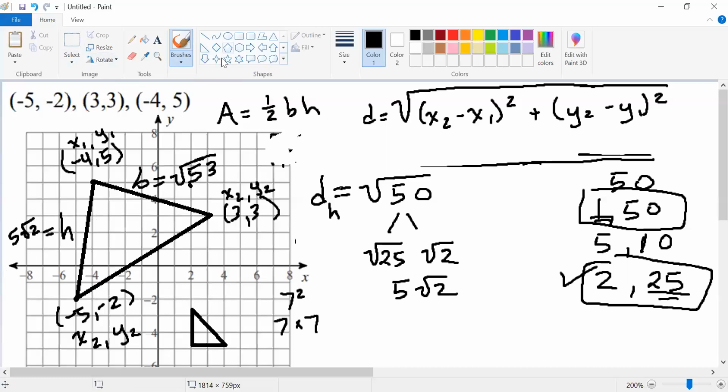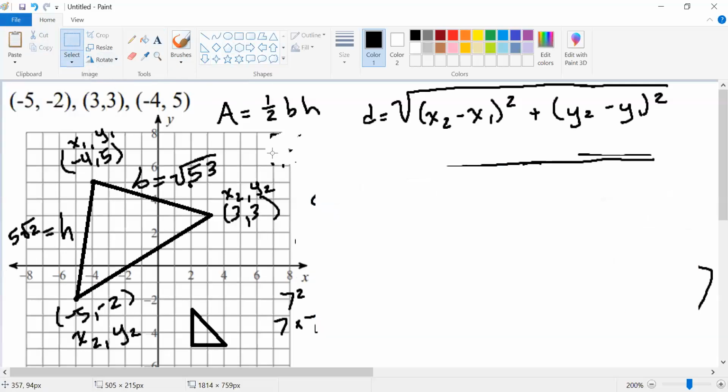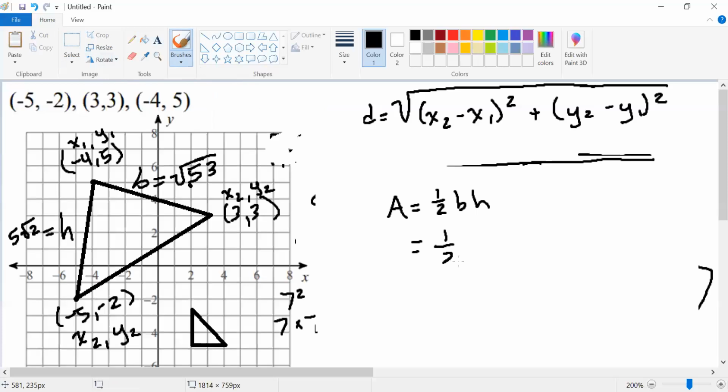Okay? All right, so now that I have everything set up, I can start finding my area. So here I'm going to do 1/2.